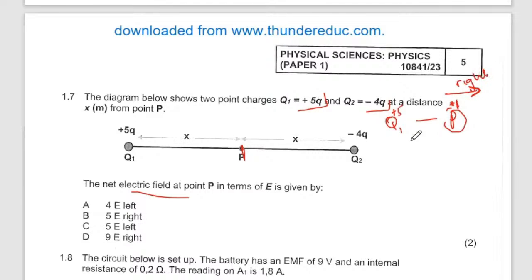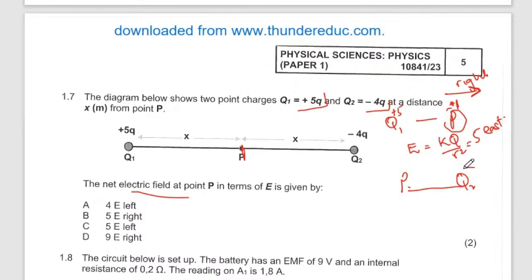So if I'm looking for my electric field, kQ over r squared, the k is a constant, the r is also a constant with x, and then this Q is now the 5, to the east. Then let me look at P and Q2.